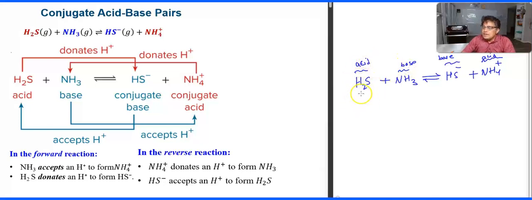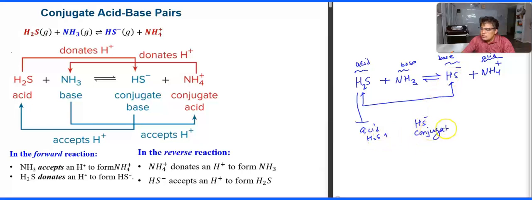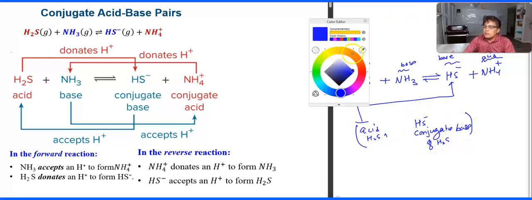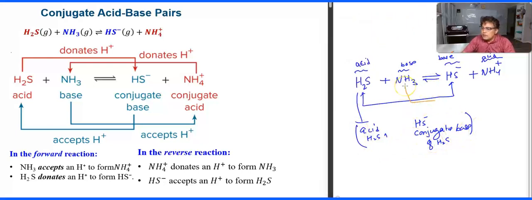If there is an acid on the right-hand side and a base on the right-hand side, these two are conjugates of each other. Here the acid is H2S, and HS minus is the conjugate base of H2S. This is a pair. Now let's see another pair. Let me take another color for that.